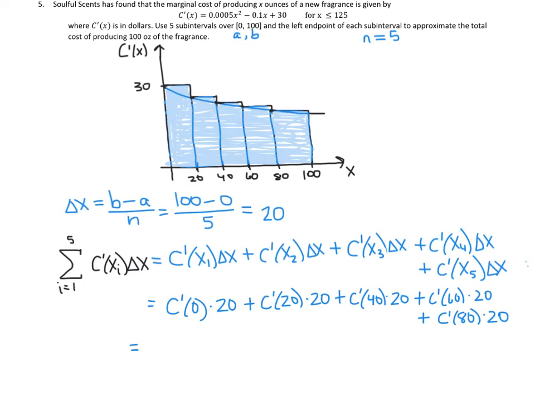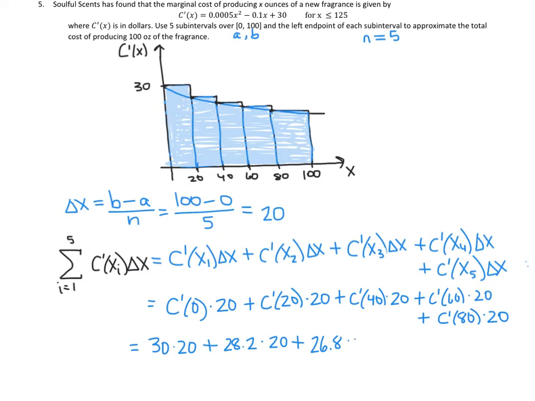Alright, so now let's finish calculating this. C prime of 0 we said is 30 times 20 plus, and then c prime of 20. If we plug 20 into this function here, we get 28.2. And then that's being multiplied by 20 plus c prime of 40. If we plug 40 into c prime of x, we get 26.8.